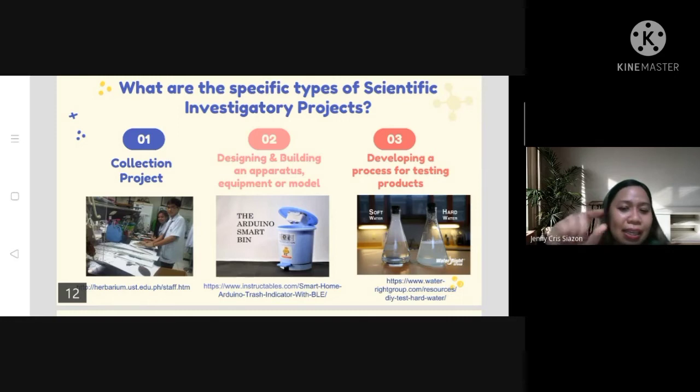Bakit? Nilagyan nila ng sensor ang lid ng trash can. Ibig sabihin, nakaka-detect siya kung ang basura ay papel, kung ang basura ay plastic, kung ang basura ay bakal or whatever, no? Kaya niyang ma-detect.